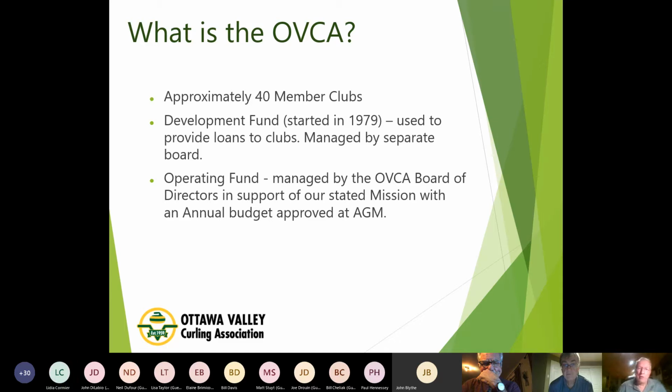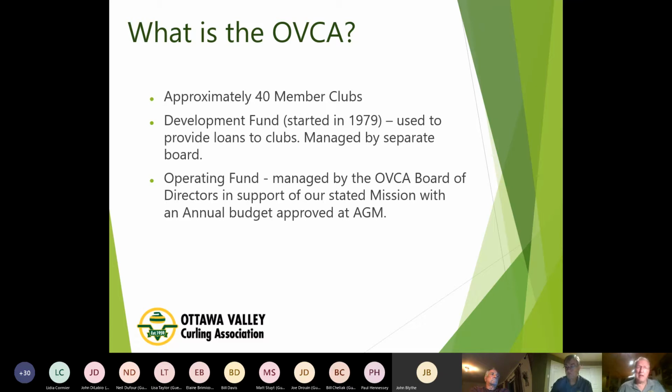A key part of the OVCA is the development fund. The development fund was started in 1979, and the monies that comprise the development fund, and we're talking roughly $500,000, was money that the OVCA received from running two Briars back in the 70s and 80s.